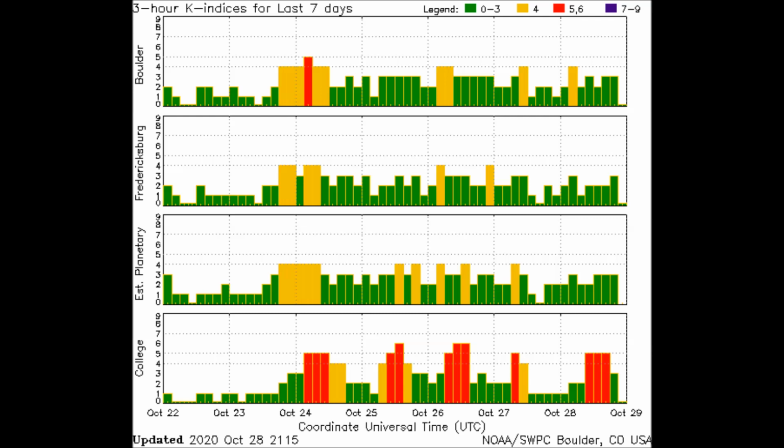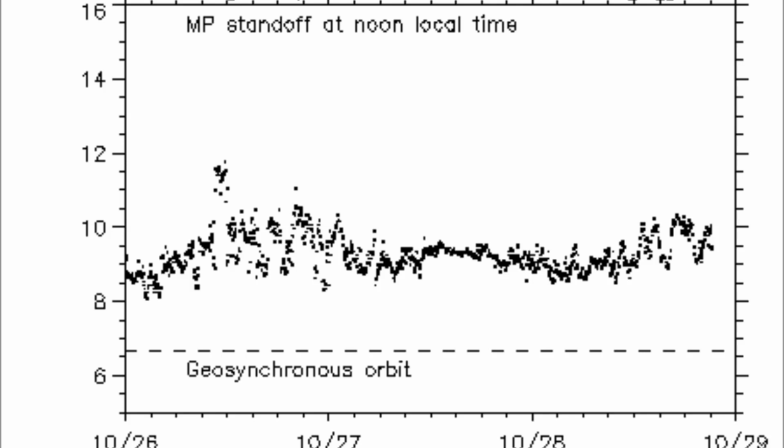But when we look at our standoff position, this measures the position of our main magnetosphere ring, and you can see constant turbulence, constant fluxing without any huge compressions or huge releases.